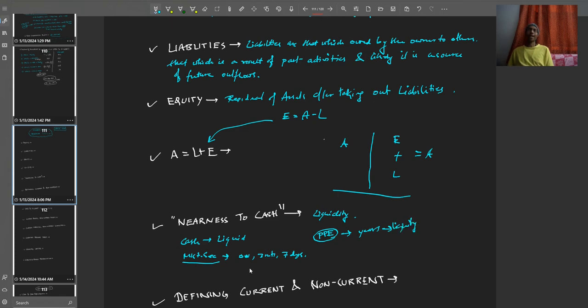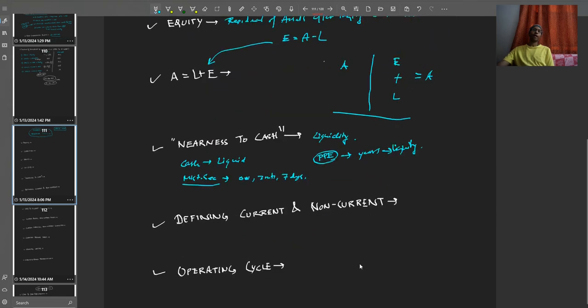So a basic premise that we use when we are categorizing different items is basically whether they are instantly liquid or instantly liquidable or not. Herein comes the definitions of current and non-current.